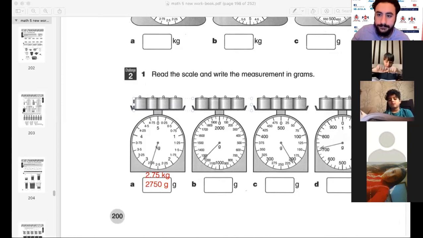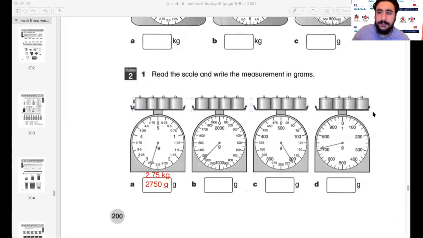Yusuf, you can go. Yes. So what should I write here? We can write the first one, 1 kilogram. 1 kilogram, yes. And another 1 kilogram. Yes. 700 grams. I'm so sorry.